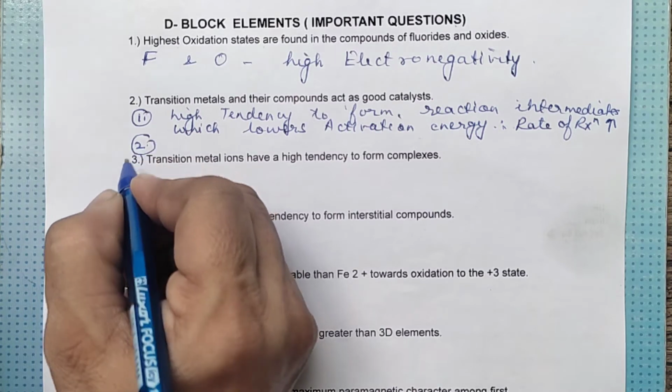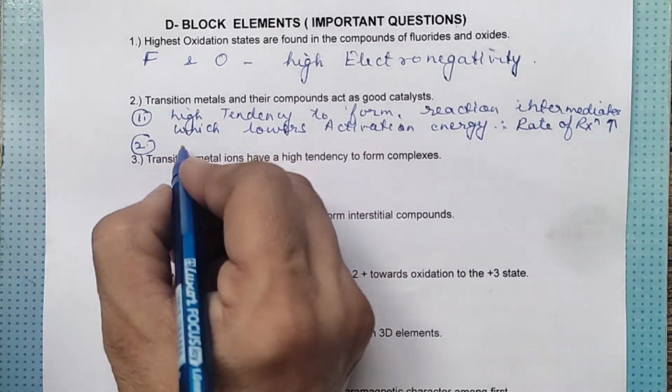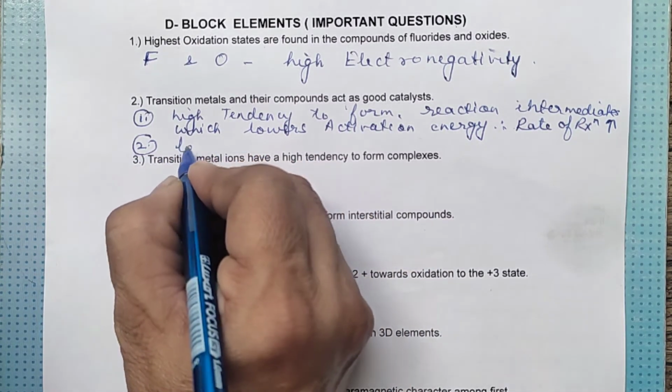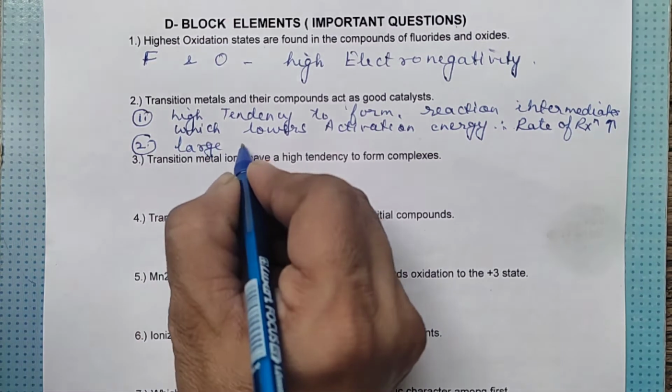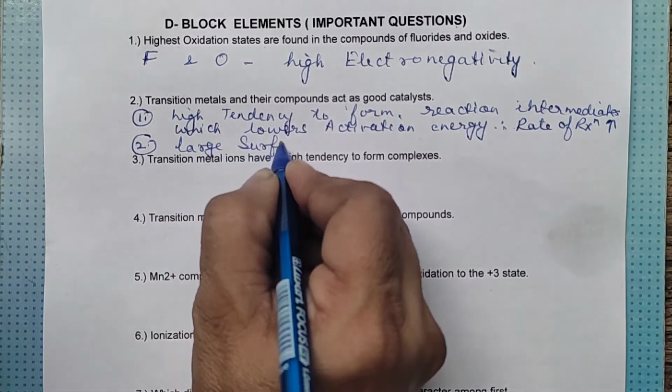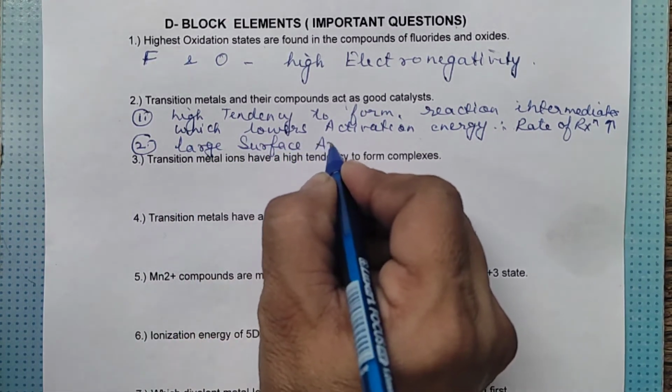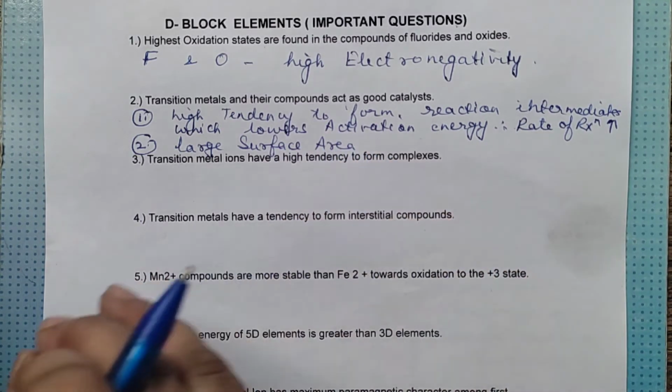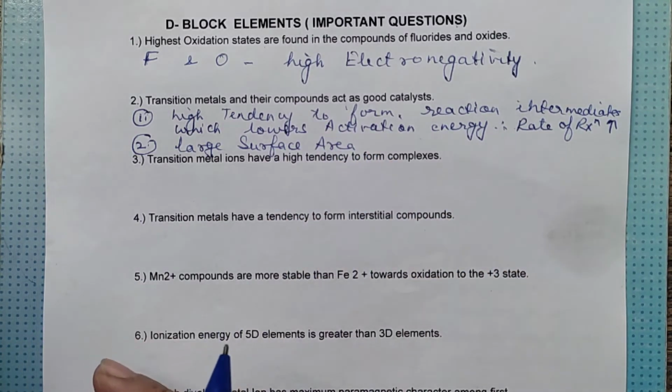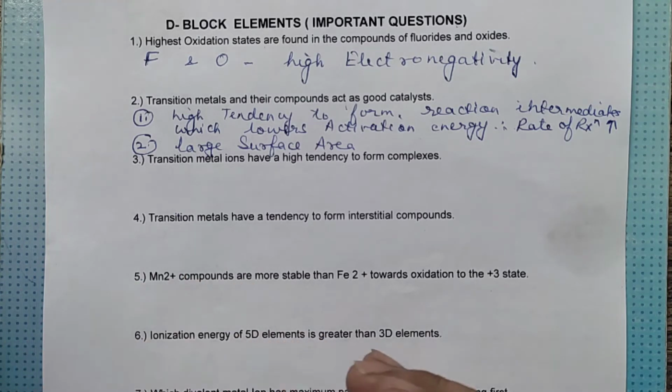The second point what you can write is the transition metals provide large surface area on which the reactant molecules get adsorbed. In surface chemistry we study, they get adsorbed on the surface.